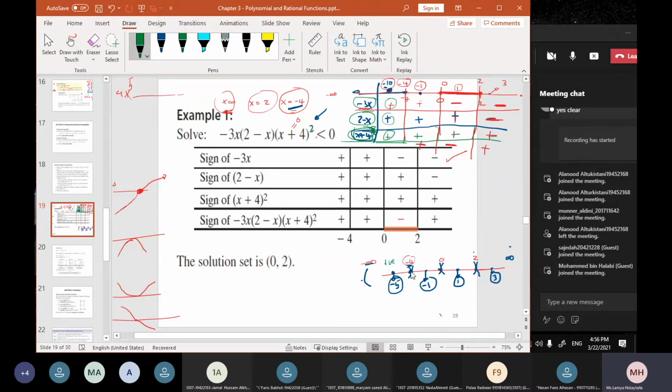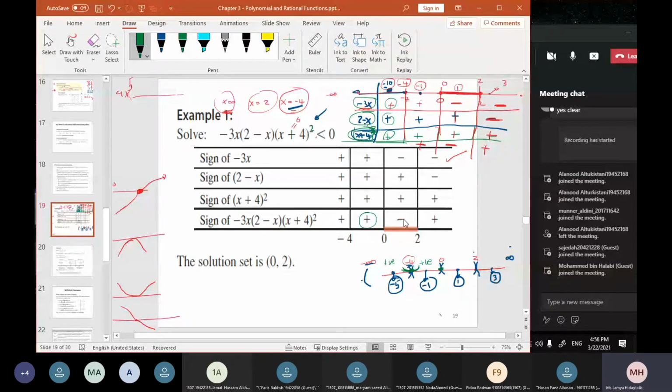And then after that, in this interval between minus 4 and 0, we find that it is also positive. So the function here at this point will not cross, it will touch the x-axis and return back.